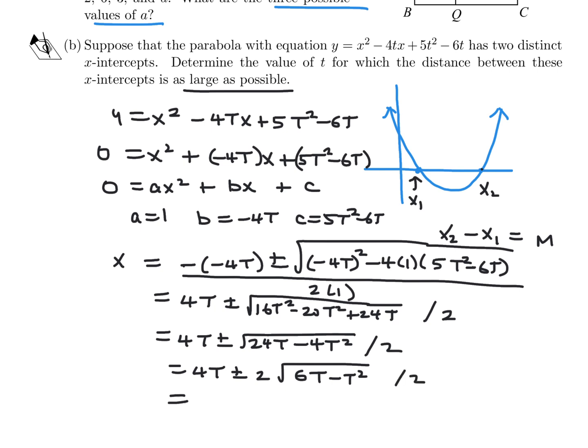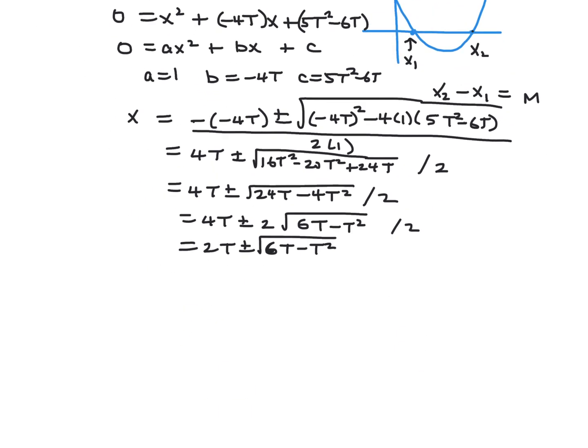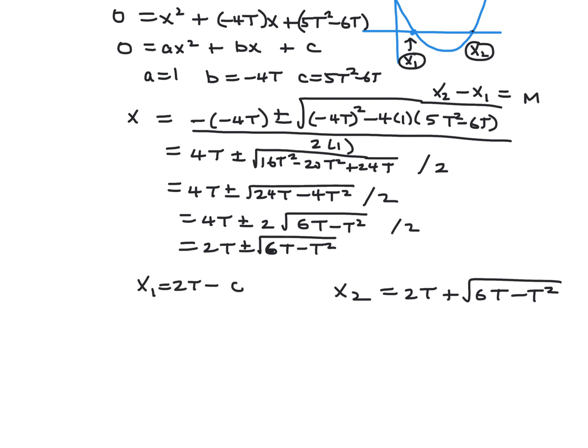So then that will be 2t plus or minus the square root of 6t minus t squared. Okay, so that means that we've got our two values for x, x1 and x2. x2 obviously is the larger one, so that's going to be 2t plus the square root of 6t minus t squared. And x1 obviously is the other one, so that would be 2t minus the square root of 6t minus t squared.